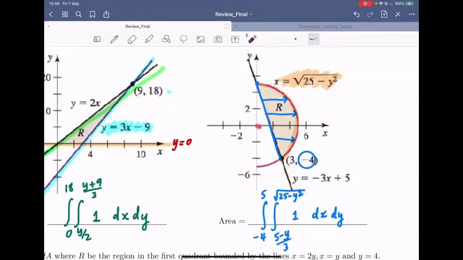And when you do the polar coordinates, you need to start from this theta to that theta. And this theta is going to be the worst one, because the numbers here are 3 and -4. So the angle is not going to be an easy one.